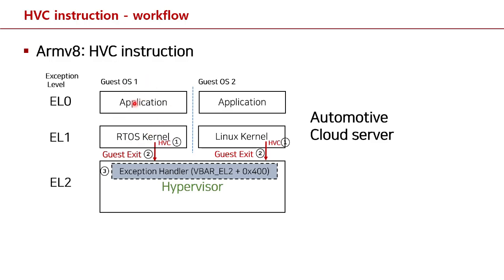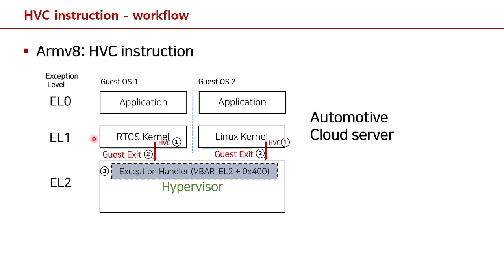Here is guest OS 1, and here is guest OS 2. In the automotive sector, guest OS 1 may be running the cluster, and guest OS 2 may be running the navigation. This kind of virtualization system is widely used in the automotive sector and cloud servers.